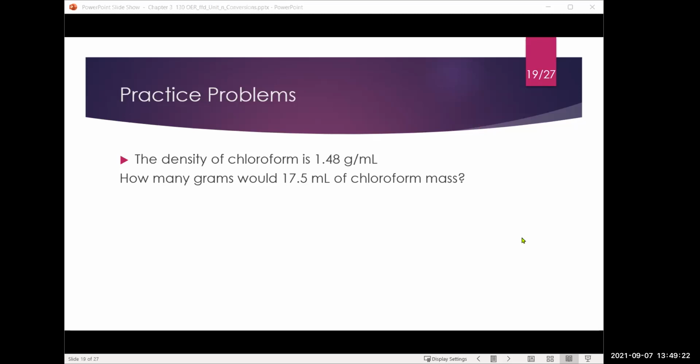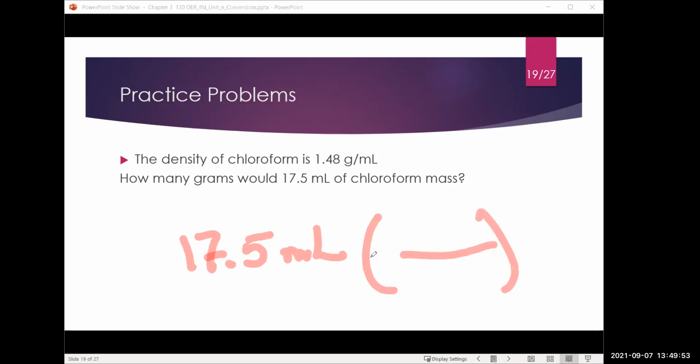Okay, now let's go back to an example where you're given the density of 1.48 for this liquid called chloroform. They're asking you how many grams would 17.5 milliliters of chloroform mass. In other words, how much does it weigh if I were to measure it out? So I write down 17.5 milliliters, okay, I need to set up my conversion factor.